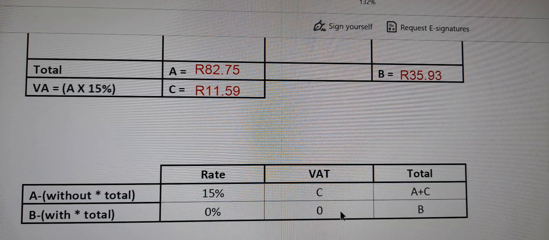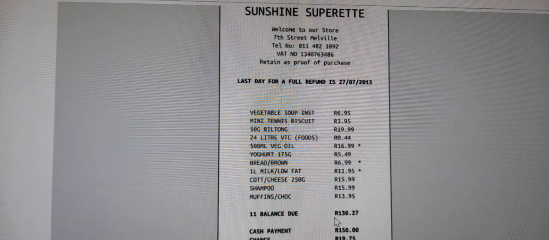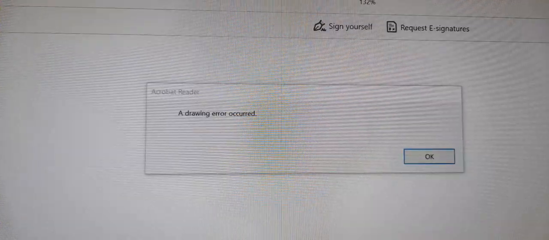Okay, and what is the answer? The answer is 130.27, and it is in rands. That is the balance due. So let's go to our slip and make sure that is the same. The balance is 130.27. So you see the table helps you to break down the slip.